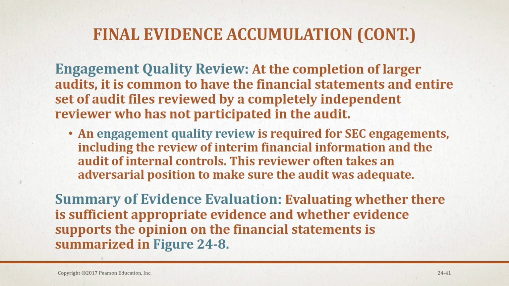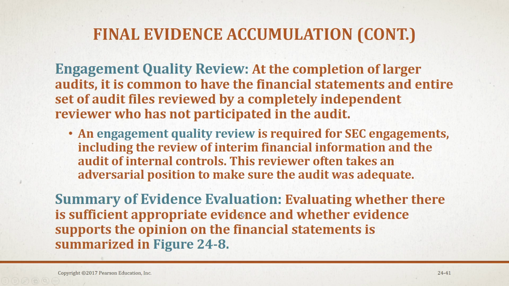And again, engagement quality reviewers sometimes will not look at the entire audit file, but they will look at the audit work papers for certain items and certainly look at the financial statements to make sure no questions jump out and nothing seems out of ordinary. An engagement quality review person will also assist in the summary of evidence evaluation.